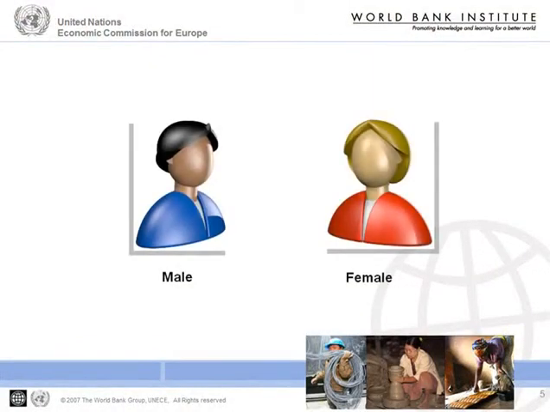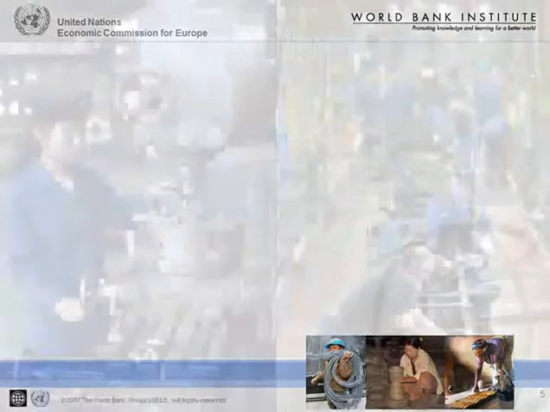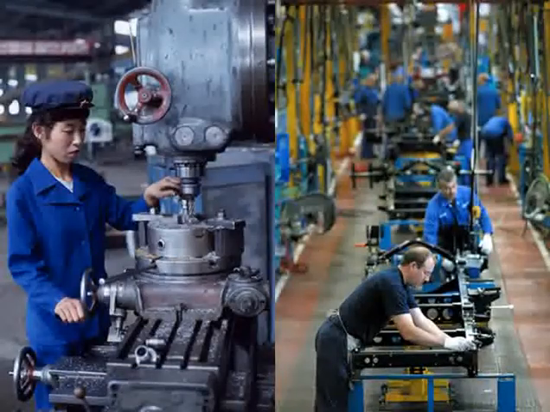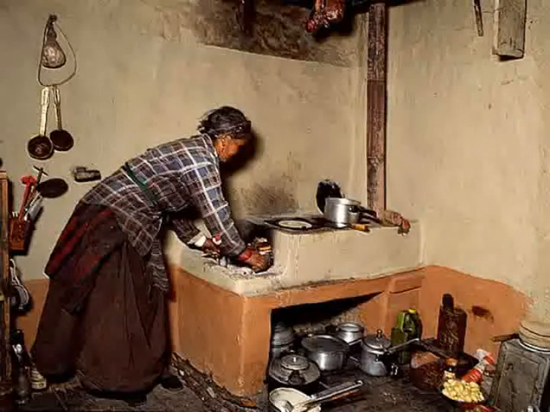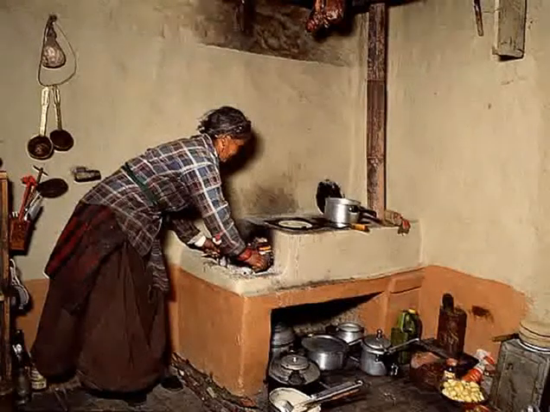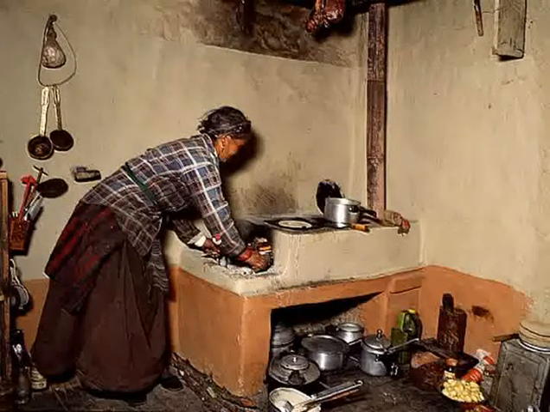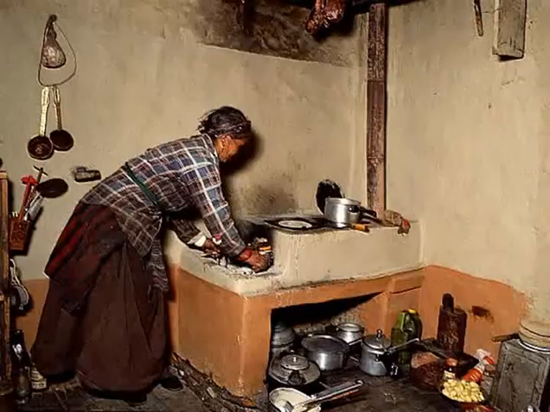Gender roles are a second important factor to be taken into consideration. They have a strong impact on women's and men's participation in the labour market and also on its measurement. We are all familiar with commonly assigned gender roles, such as women's roles as housekeepers and economically dependent members of the household, and men's assigned role as breadwinner and decision-maker.